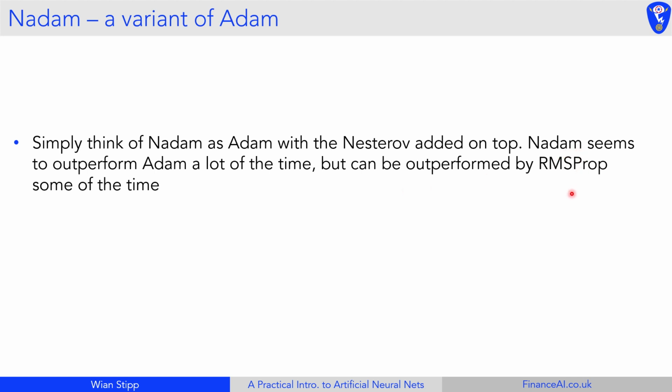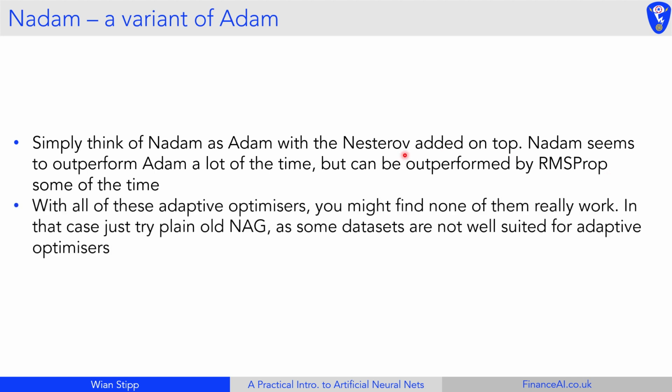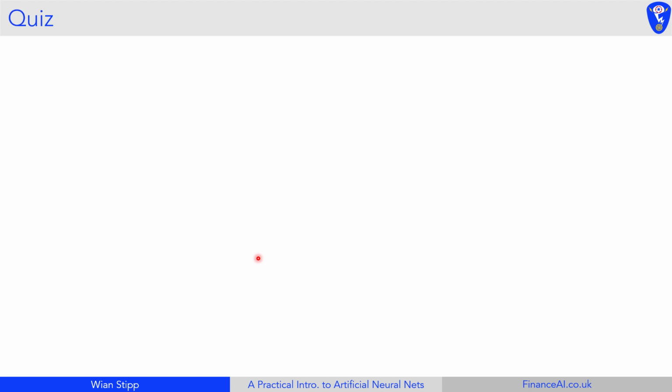Nadam actually seems to outperform Adam a lot of the time, but sometimes RMSprop wins overall. So with all of these adaptive optimizers, you might be finding that none of them actually really work. In that case, just try good old plain NAG. Some datasets are just not well suited for adaptive optimizers, although this isn't that common.